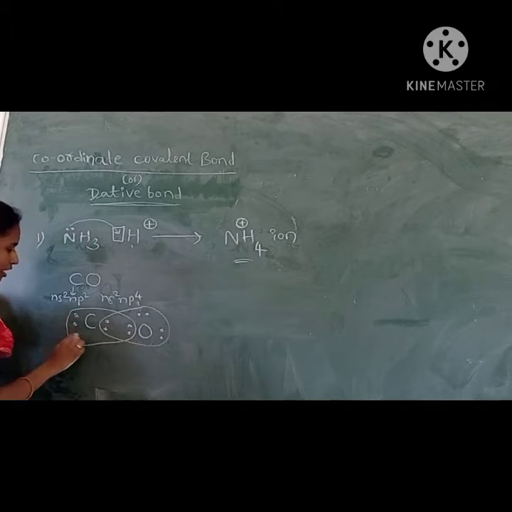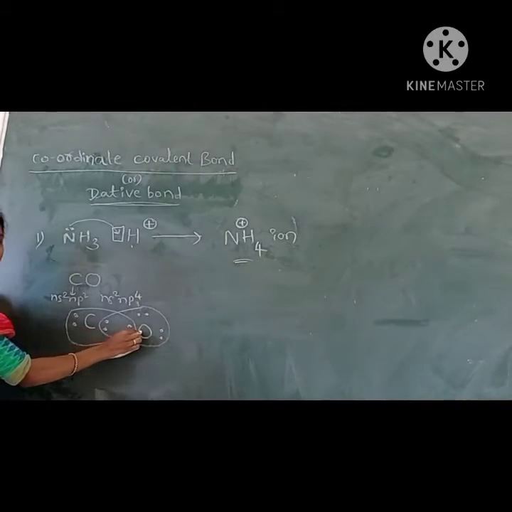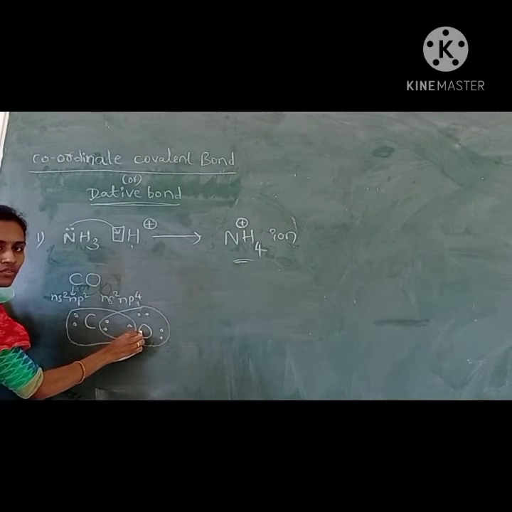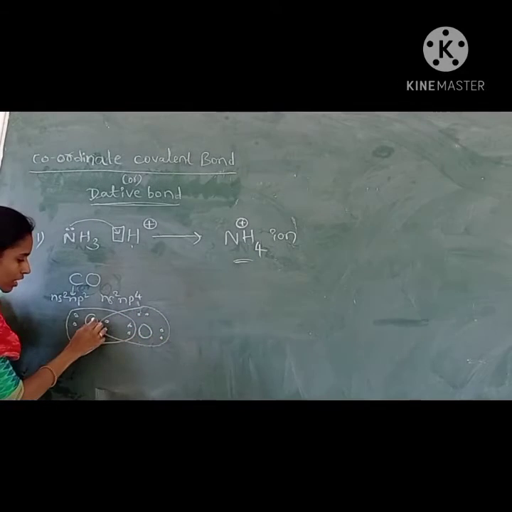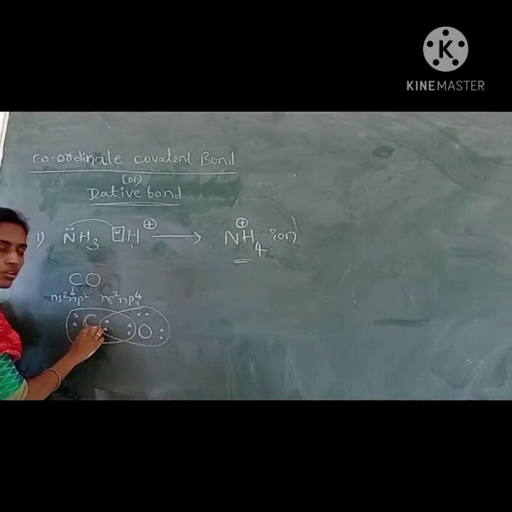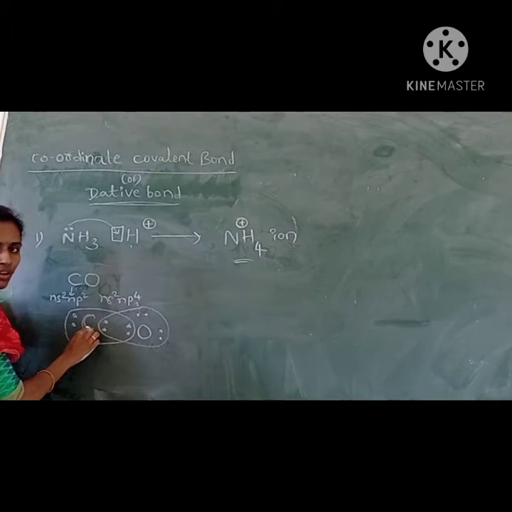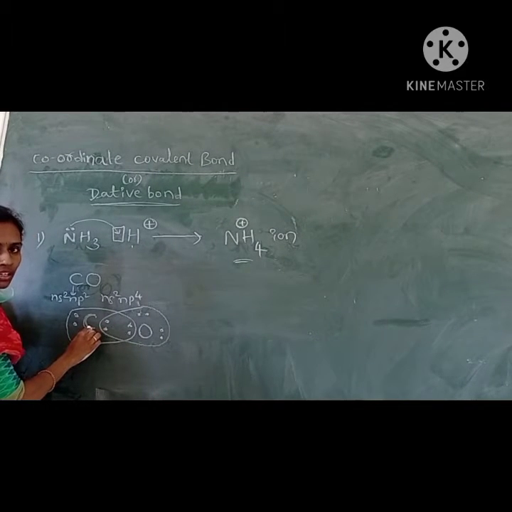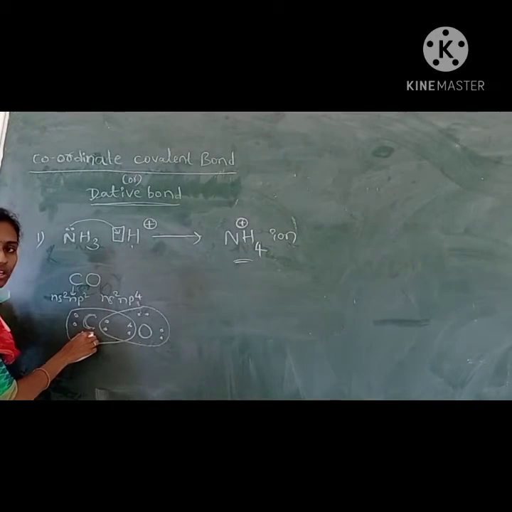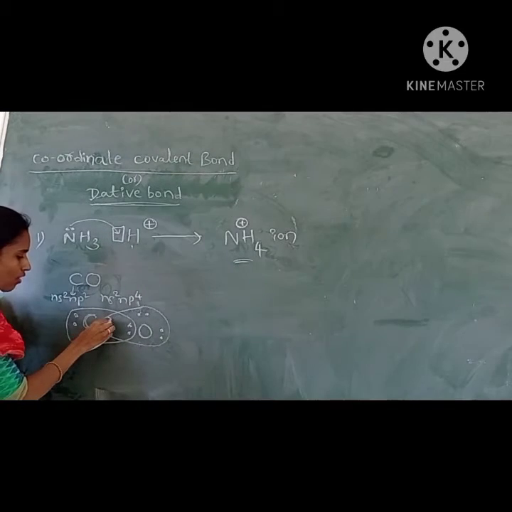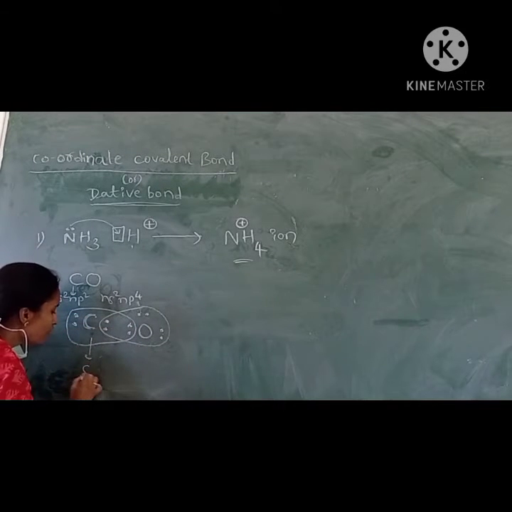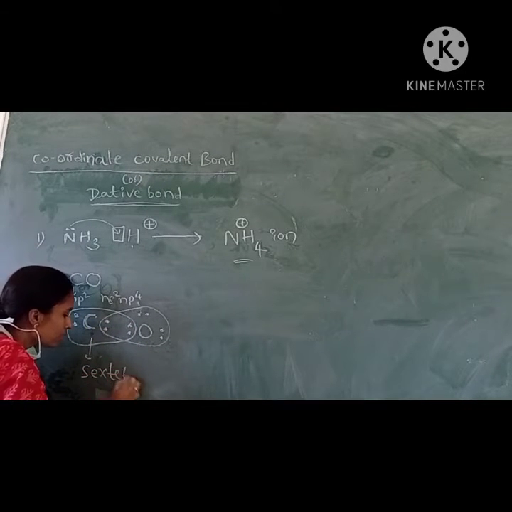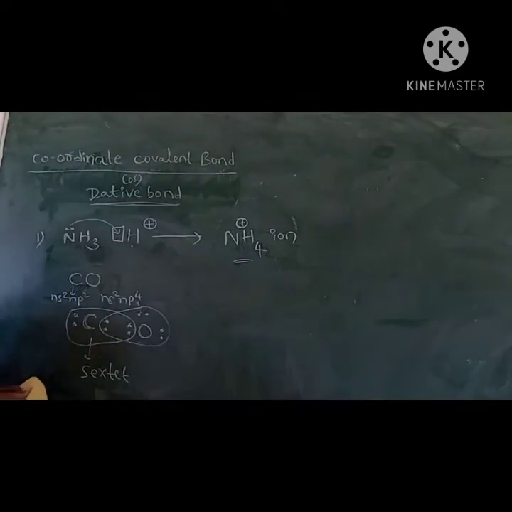After sharing, oxygen's valency is satisfied with 8 valence electrons. But carbon's valency is not equal to 8, so it does not have the octet electronic configuration. After sharing, it has the sextet, 6 valence electrons.